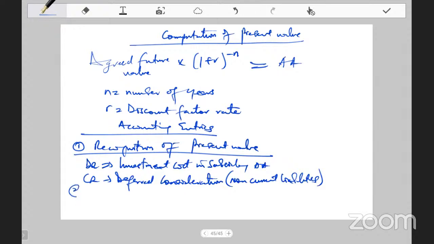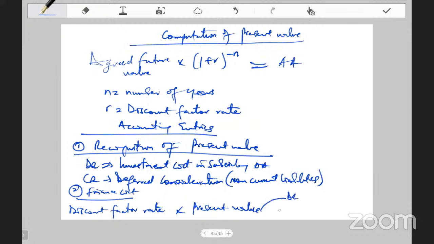Now, number two, this deferred consideration is a form of liability. You must account for the finance cost, and how do you get the finance cost? That will be the discount factor rate times the present value. And whatever is that answer, you also have to record it. You debit finance cost. There is a number 2.